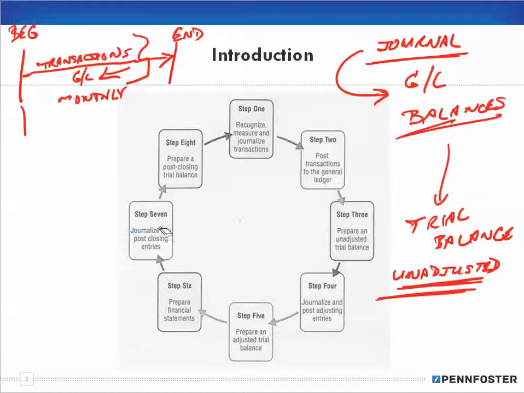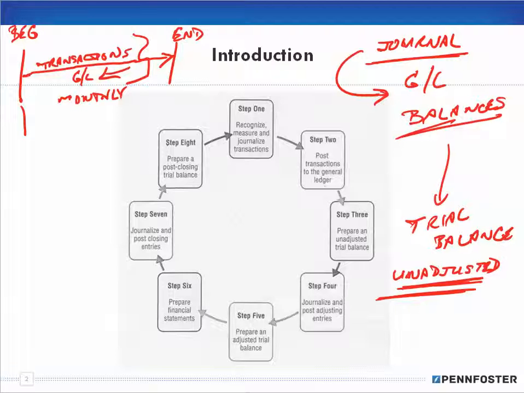Okay, so where we were at the end of chapter 2, and remember, everything is overlapping here. Chapter 1 overlapped with chapter 2. Chapter 1 and 2 overlap with chapter 3, as the way the information is presented in the textbook, or just as the way bookkeeping and accounting actually works.